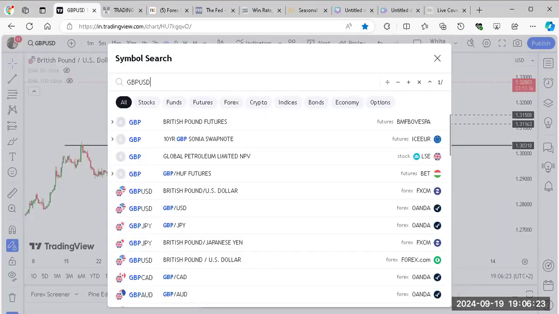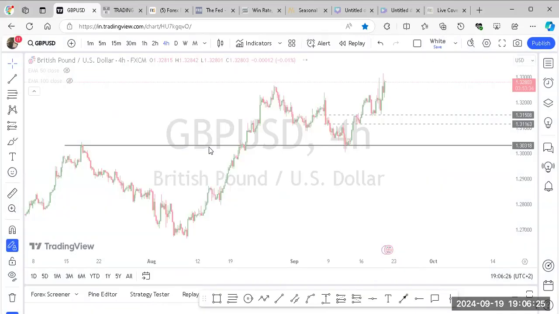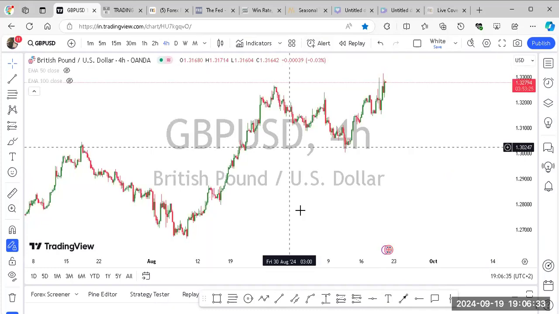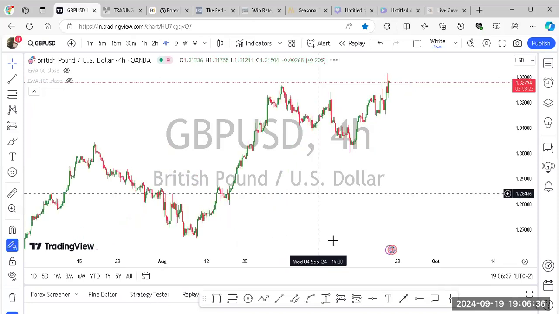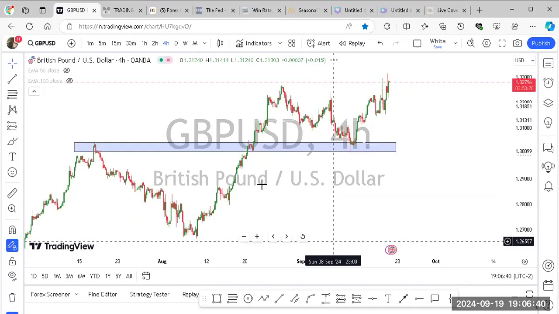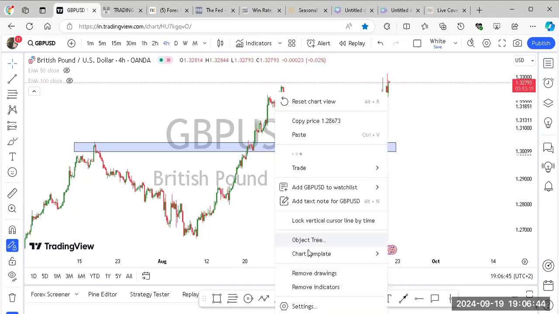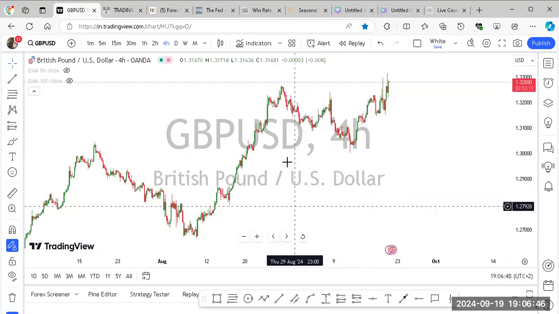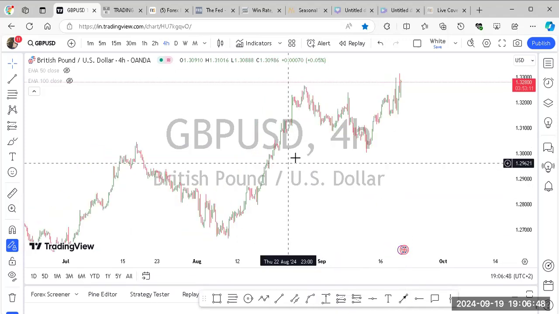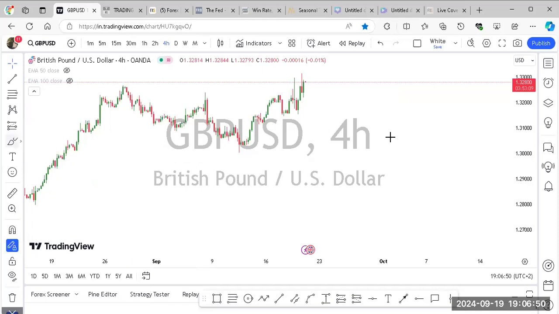Let me just find a clean one. I think this one is good. Let me just remove these drawings.